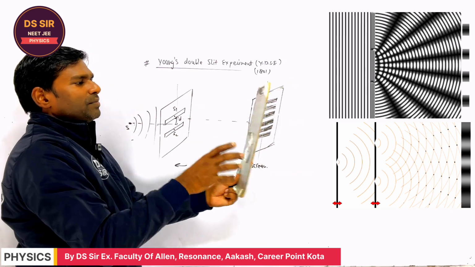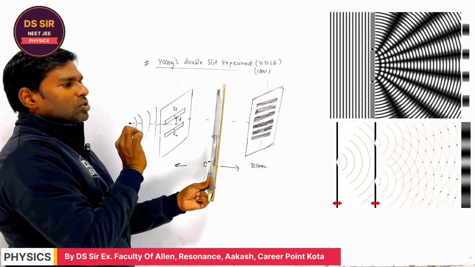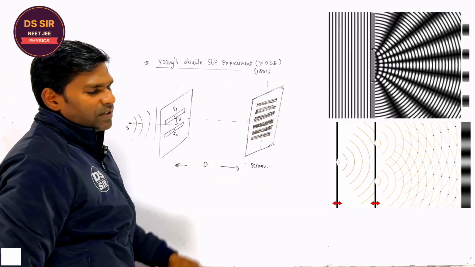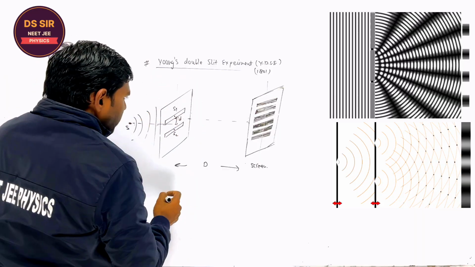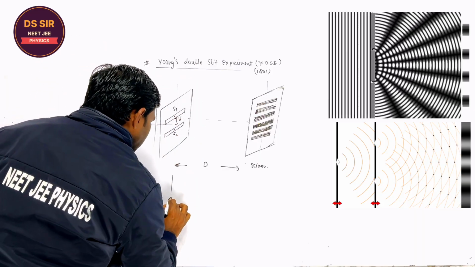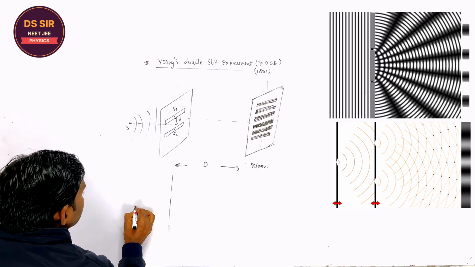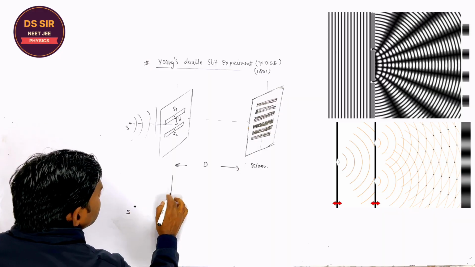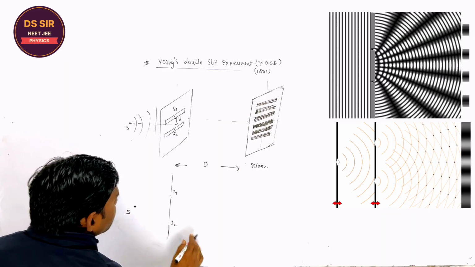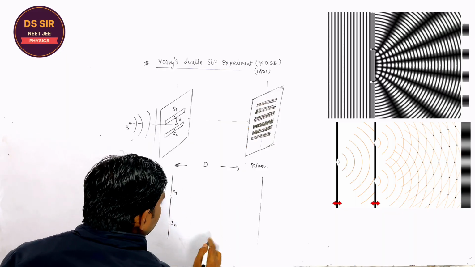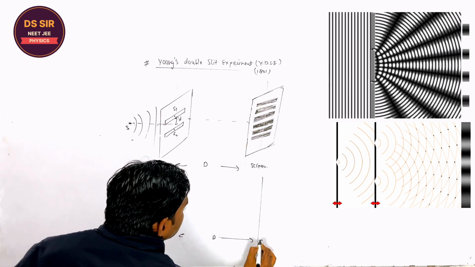These are the two slits, and this is the source, symmetrically placed. This slit is S1, this slit is S2, and at separation capital D the screen is placed.